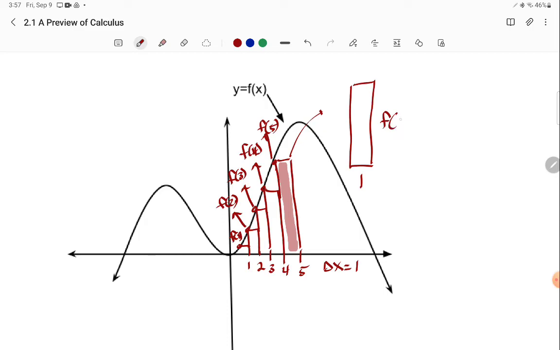And this is f of 5, so it would be f of 5 times 1, right? Because your y value would give you that height from there down to there. So you can calculate areas using rectangles as an approximation, at least, because you still have this space in between that's left over, so this under here is going to be an underestimate.